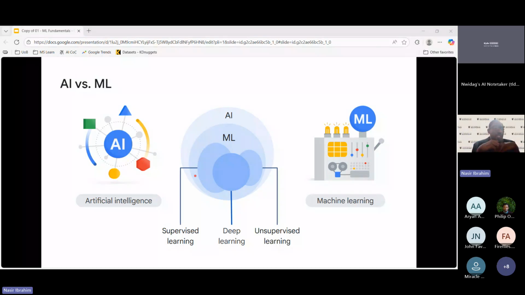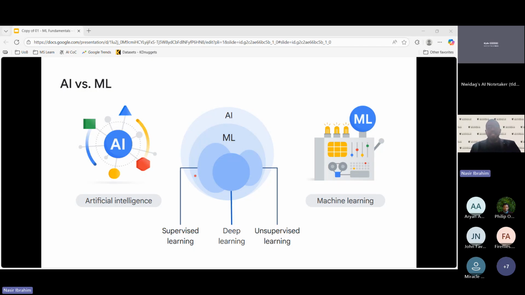So you don't have to write instructions to carry out a task. What you do is train a system, provide it with a lot of data, and then it learns to map input to output, or it learns to understand the features or the relationship between the data.